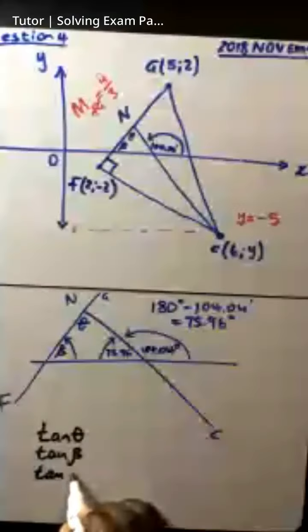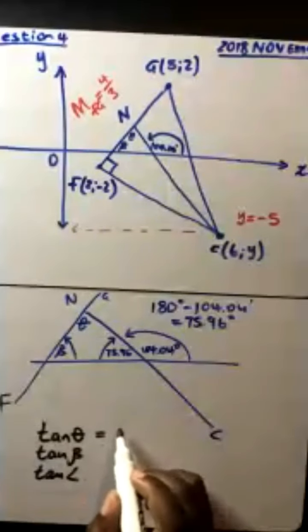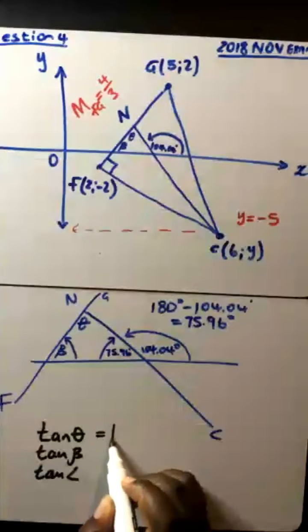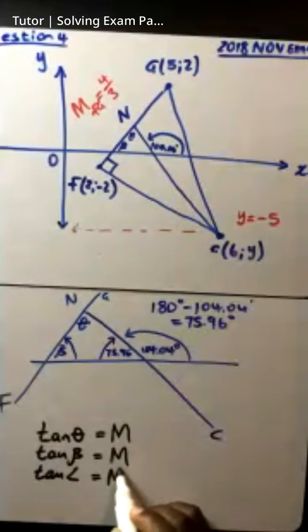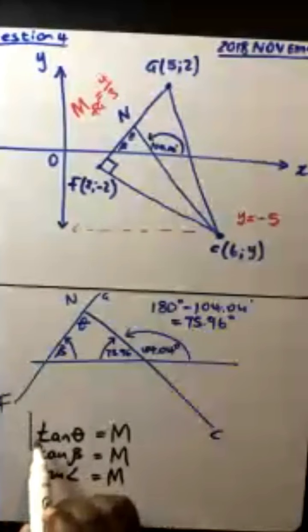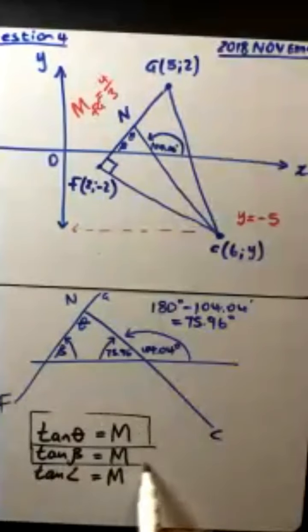Let me just say tan angle is equal to a gradient. This is equal to gradient. I'm not sure if you guys have seen this formula before or have heard of this formula before.